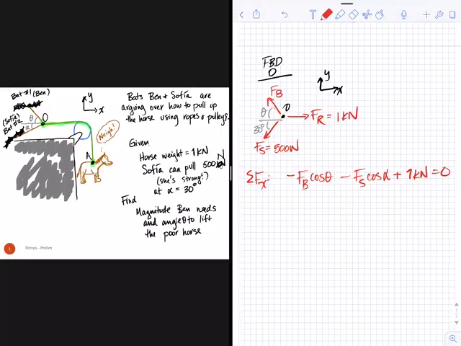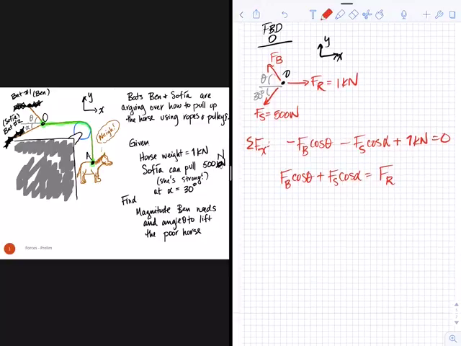Okay, so FB cosine theta plus FS cosine alpha is equal to FR. Let me just go back to doing this symbolically, sorry for jumping around. Now we have 2 unknowns, FB and theta, so that's not going to get us anywhere. So we need another equation.